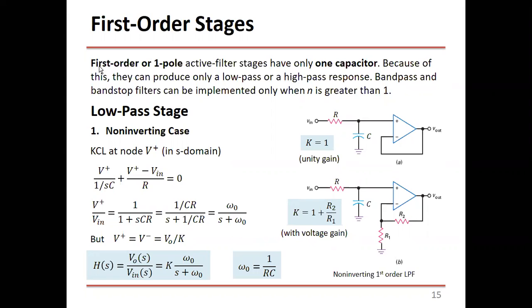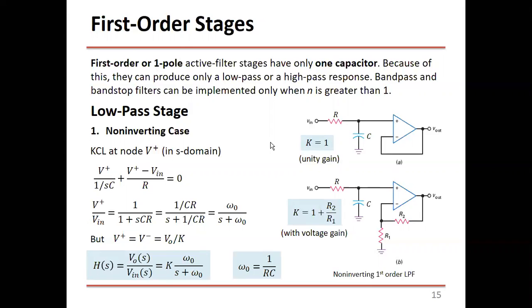Okay, so first order, by first order we mean one pole. And take it as a rule of thumb in these slides that the order of the active filter is determined by the number of poles, and it's determined by the number of capacitors in the circuit. So when I say first order, you should expect a first order active filter. I'm talking about active, not passive filters, because passive filters have inductors.